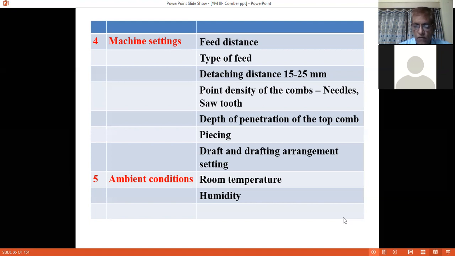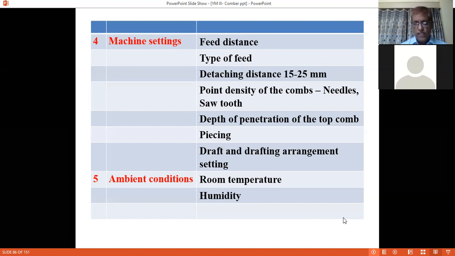This topic we have already studied, that what is effect of counter feeding, concurrent feeding, which is better and why. We can again discuss it, and the conclusion is that counter feeding is better. It extracts more noil and quality is also better.